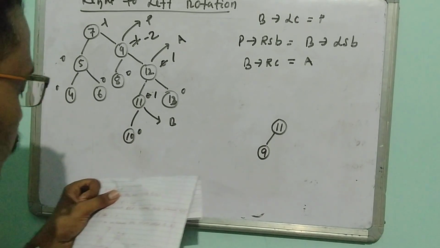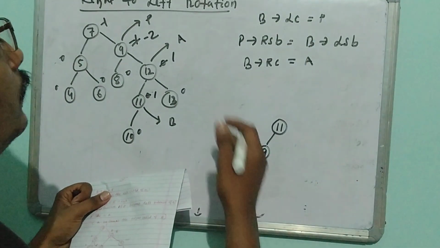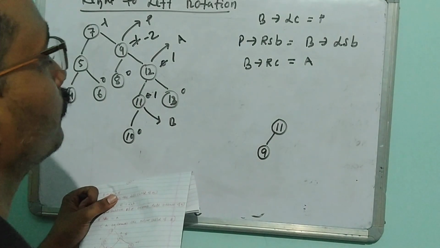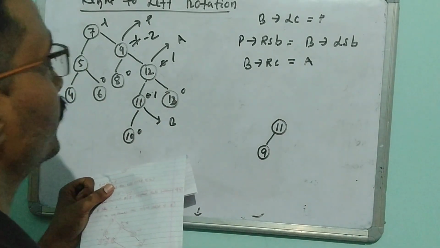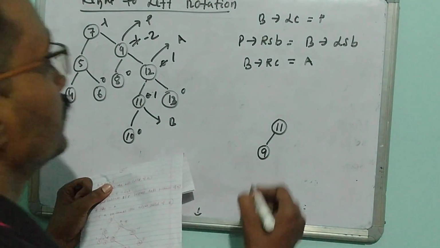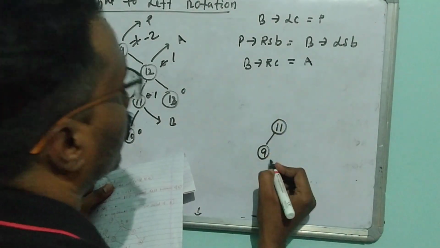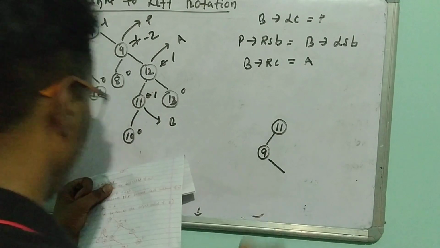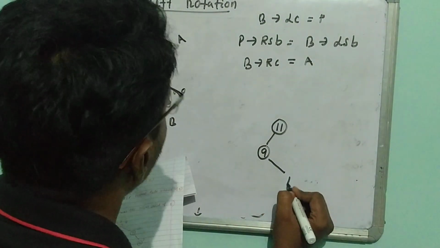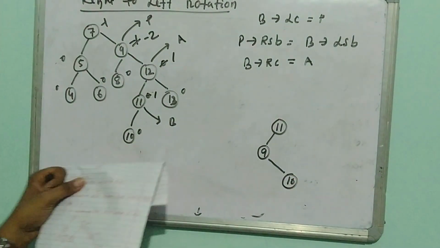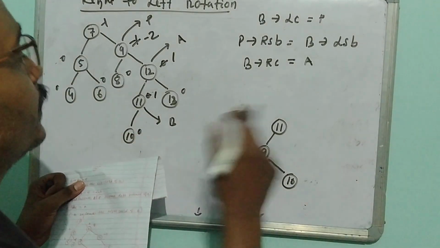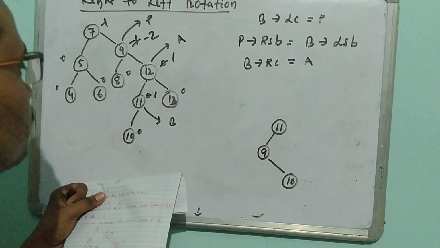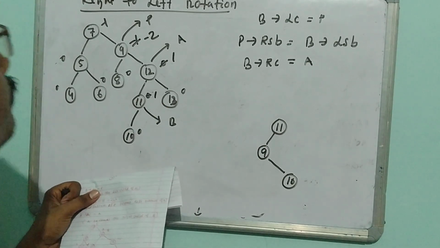So the left subtree of the B becomes the right subtree of the P. So P is 9, so the right subtree is nothing but 10, because the left subtree of the B is nothing but 10, and it becomes the right subtree of the P. And what is my B?